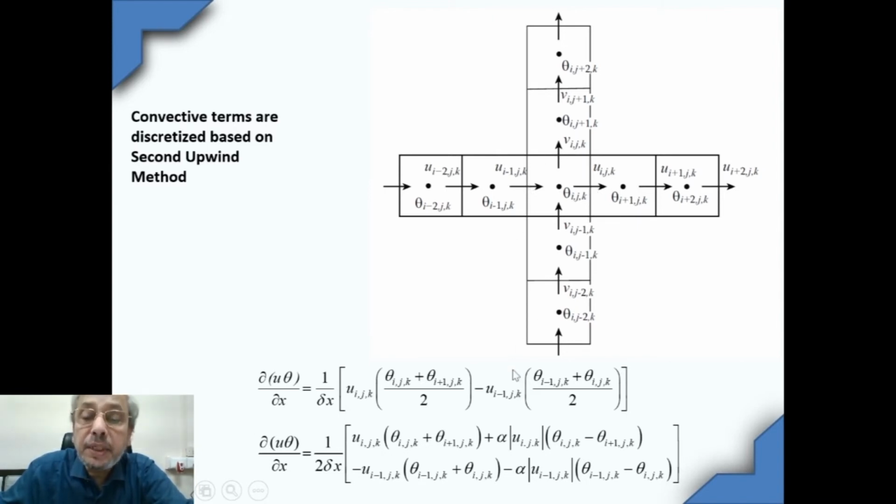Here u is u i minus 1 jk, and theta is theta i minus 1 jk plus theta ijk by 2.